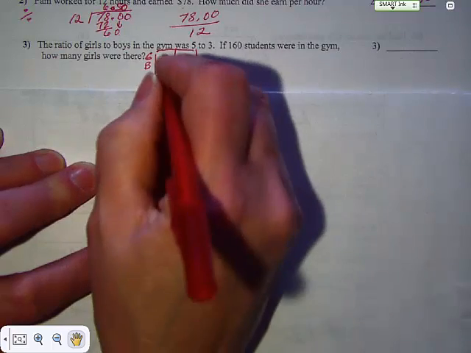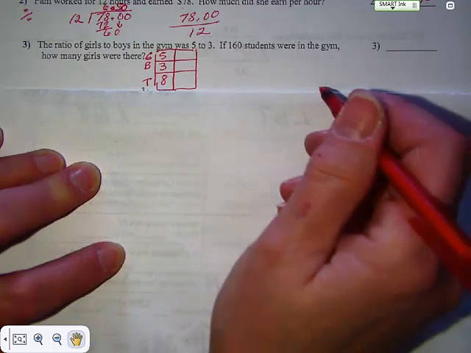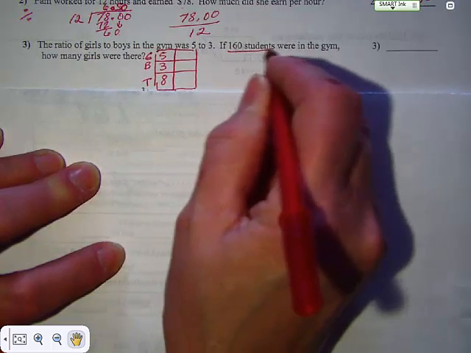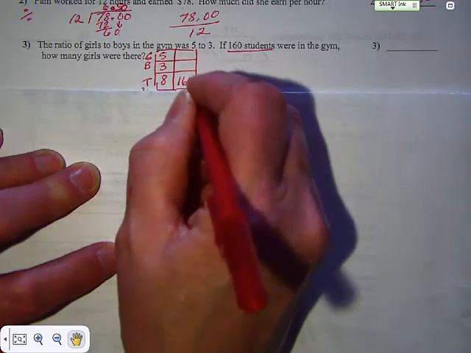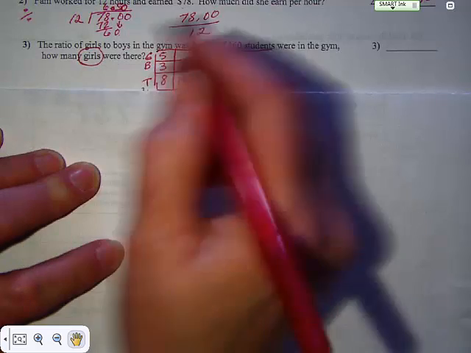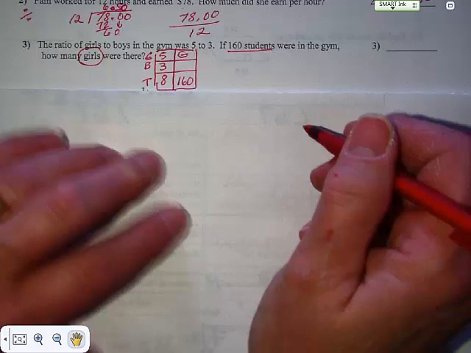The ratio they give us is 5:3, and to get the total you add those, that's 8. And then you are given the total number of students in the gym, so that goes down here. And they're looking for the girls, so this is your variable.